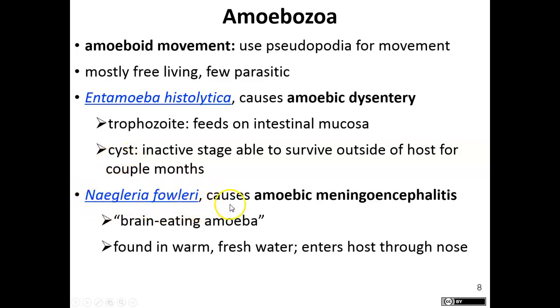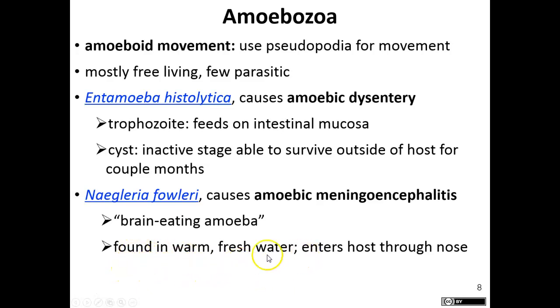Naegleria fowleri causes amoebic meningoencephalitis. So this is basically where the meninges of your brain get very inflamed, causing swelling. This is also known as the brain-eating amoeba, found in warm fresh water, and it can enter the host through the nose, so you have to be very careful.